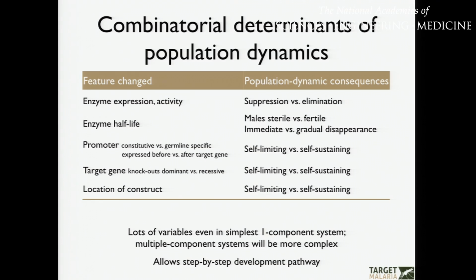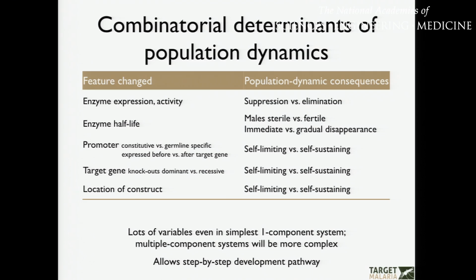And then you can change the promoter, make it constitutively active or active only in the germline. You can have a promoter that's active before or after the target gene in the context of the homing endonucleases. And that will change the dynamics from being self-limiting, that is to say, not spreading once you release it and gradually disappearing, versus self-sustaining, spreading from a small inoculative release.